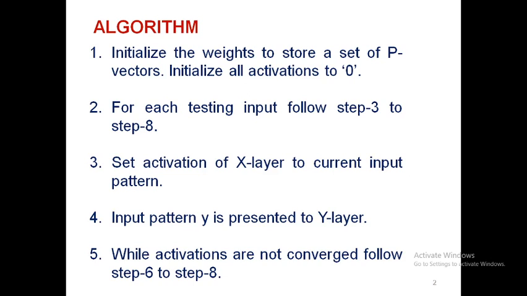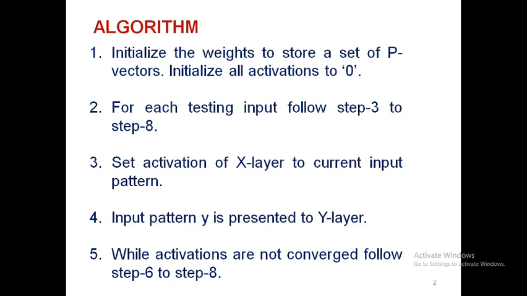And whatever output you receive from the Y layer, the output layer, will become the input pattern to the Y layer. In the 5th step, while activations are not converged, follow step 6 to step 8.